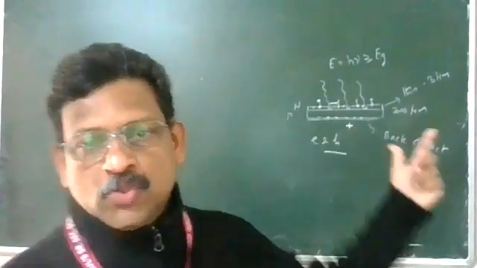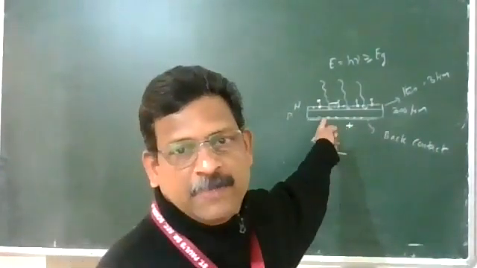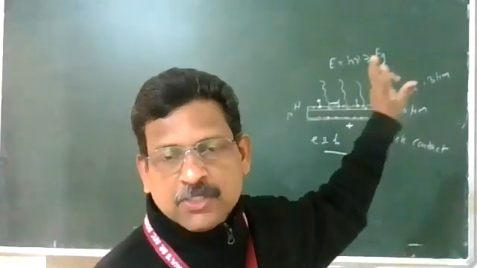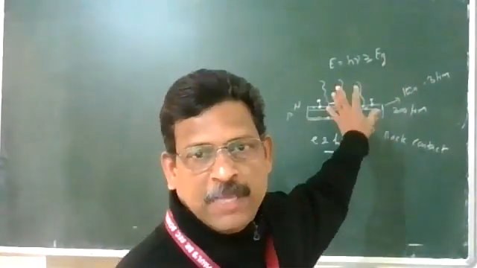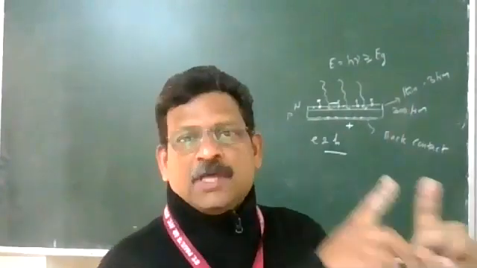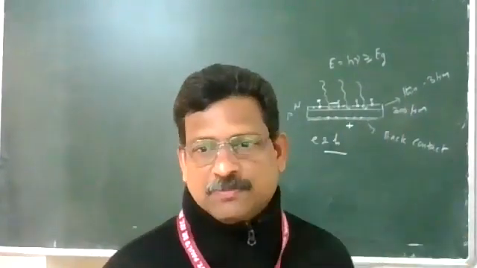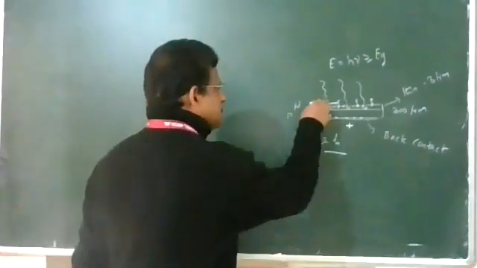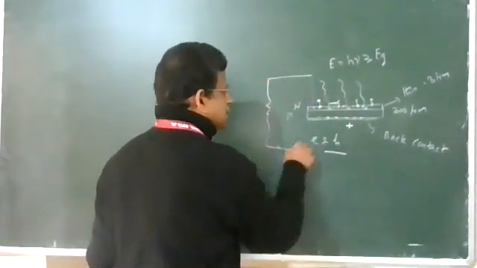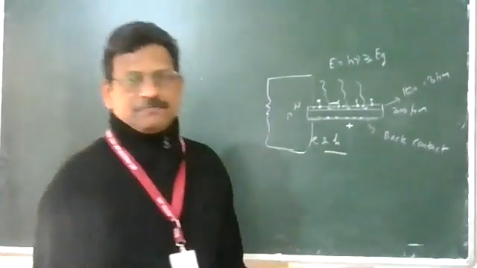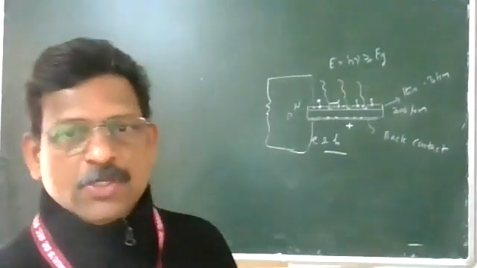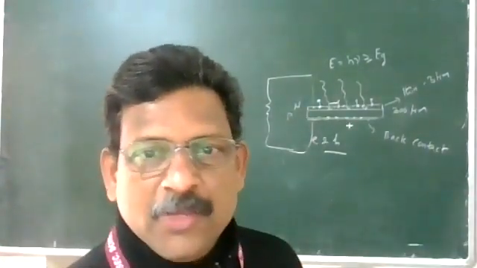Third, the holes collect at the P side back and the electrons collect on the top front ends, producing a positive and negative potential difference. As soon as you connect this device across a load resistance, current will flow, and that current will be utilized.